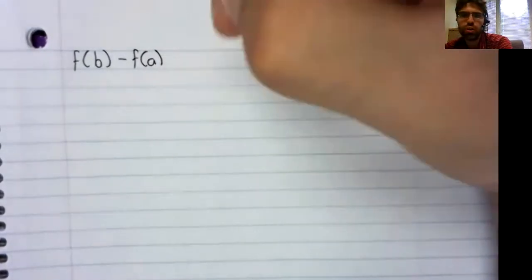Let's do an example using the average rate of change formula. These examples are very plug and play. So, for example, first of all, let me copy down the average rate of change formula.